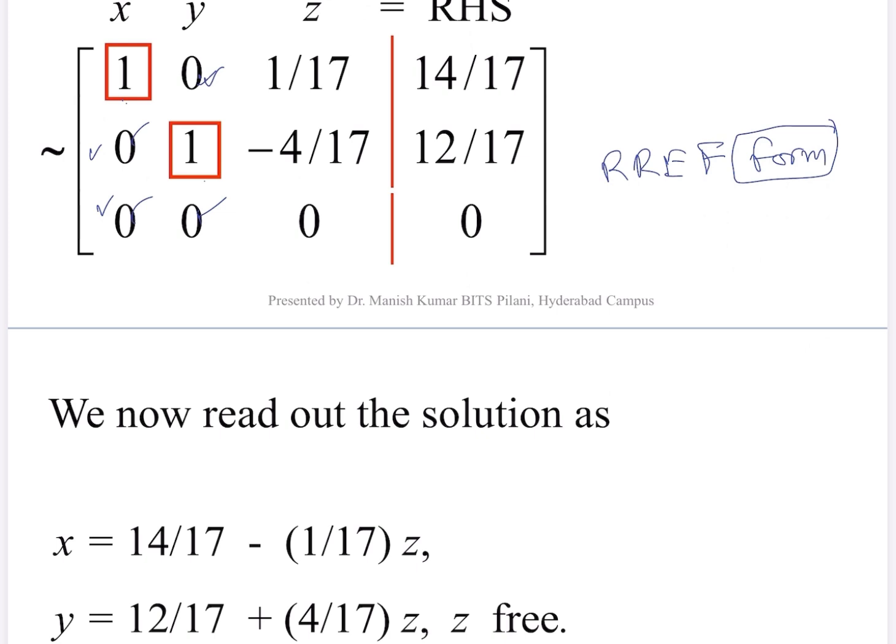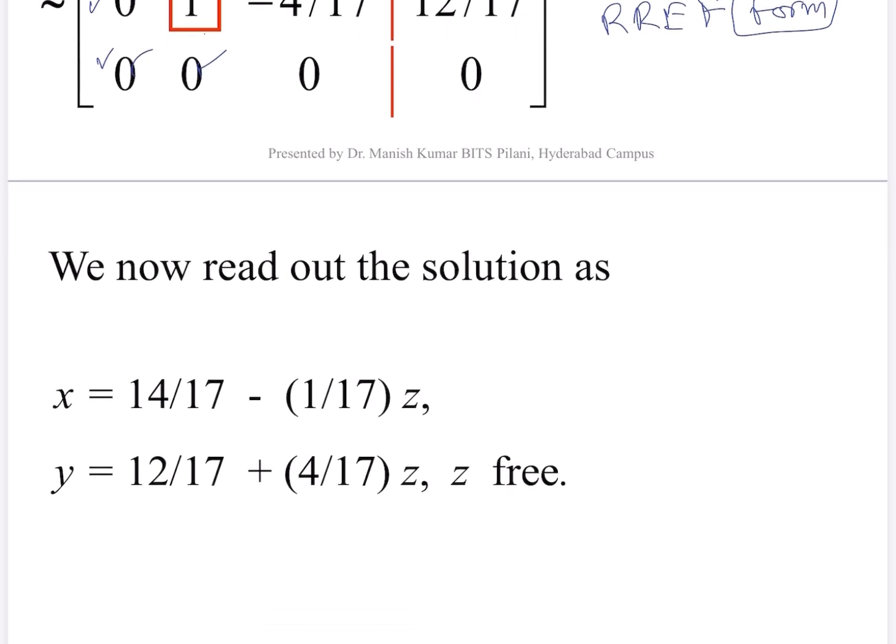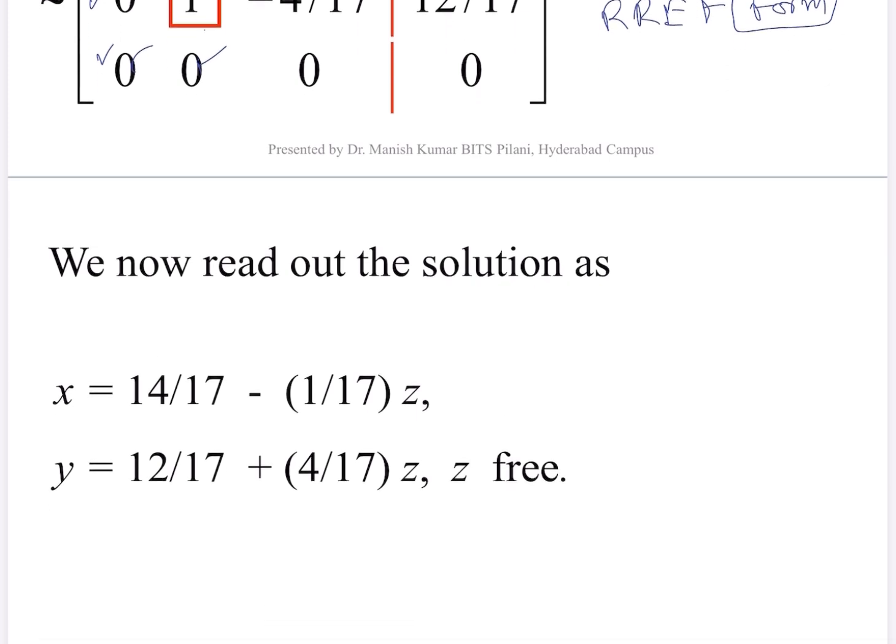x plus 1 by 17 y plus 1 by 17 z equals 14 by 17, and y minus 4 by 17 z equals 12 by 17, right? So we are going to send the z terms to the other side. So this is your solution where z is a free variable.